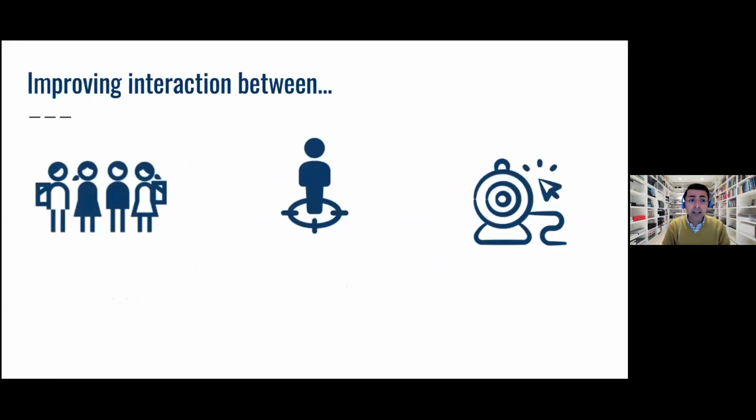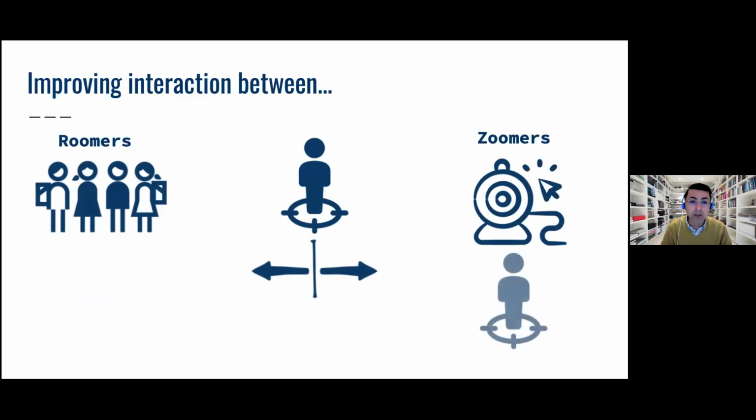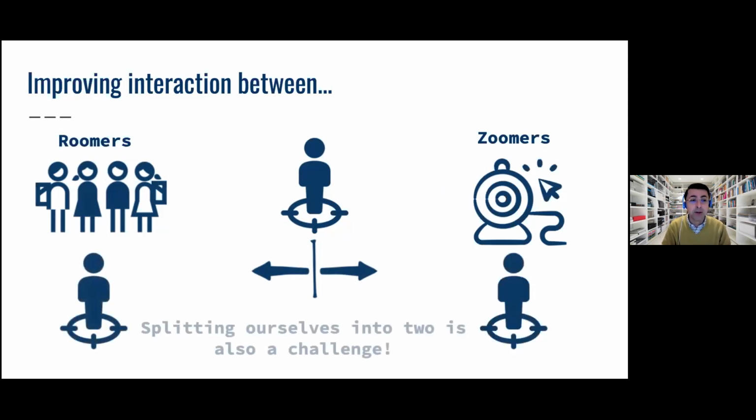Right, so improving interaction between Zoomers, and between roomers and Zoomers. As you say, it can be a little bit difficult because if we are the teacher, we need to give our attention to roomers, give our attention to Zoomers, and in a sense, we have to split ourselves into 2, which is a challenge, right?